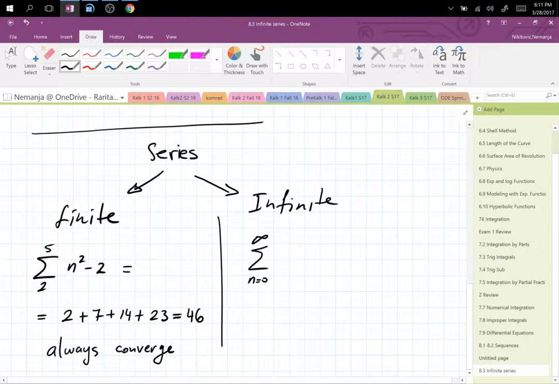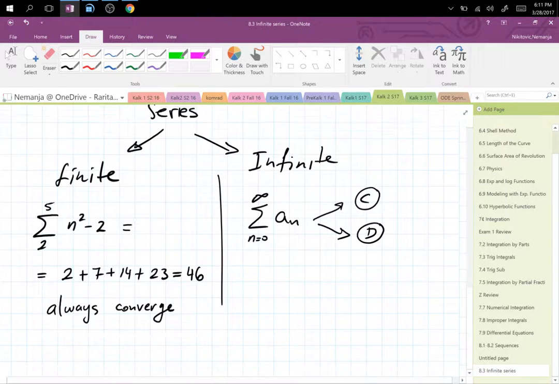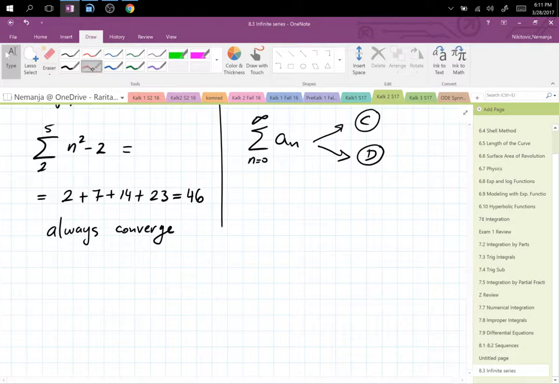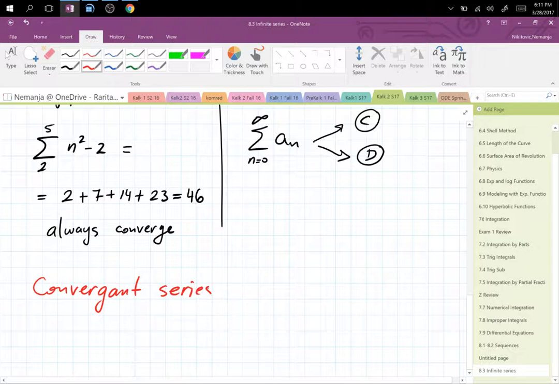notion of infinite series where you have to add infinitely many numbers. And now when you have infinite series, that one could either converge or diverge. Converge means it adds to a finite number. So a convergent series adds to a number or a value.